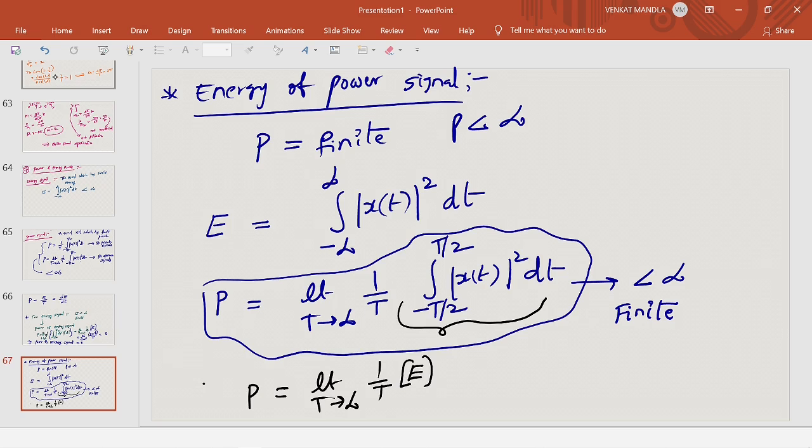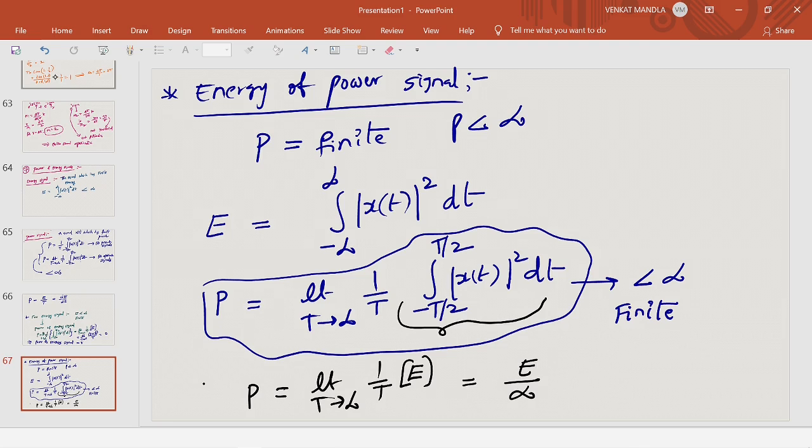If you substitute infinity, E by infinity, you will get 0. Okay, power should not be 0 for a power signal. If it is 0, it is an energy signal. I already derived this. So if power is 0, it becomes an energy signal. So E by infinity should be a finite value.